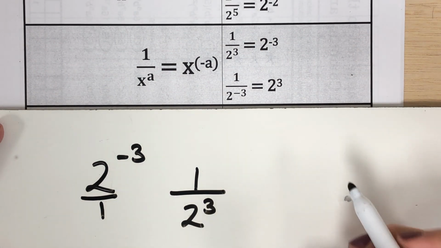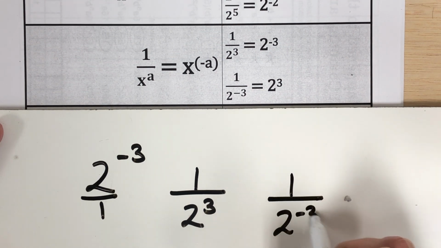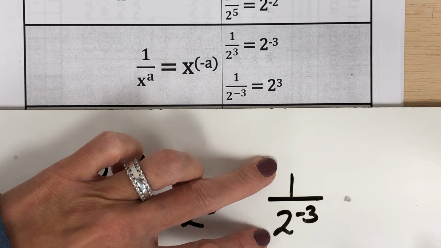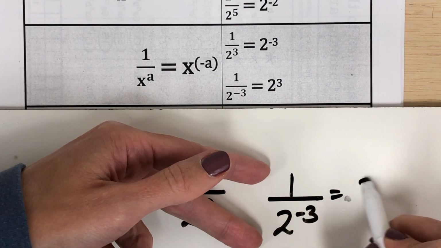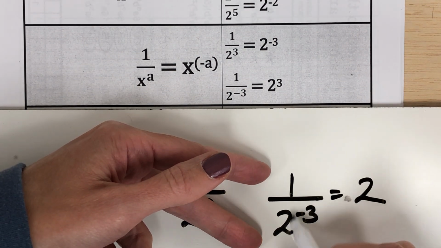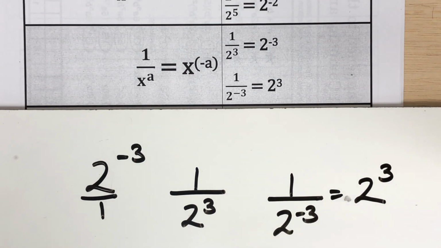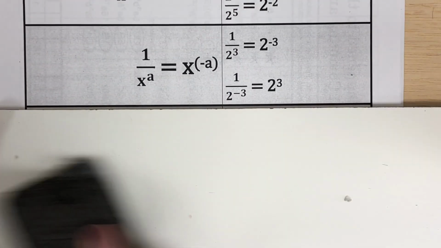And vice versa, if I have 1 over 2 to the negative 3rd, I want to rewrite this as a positive exponent. That flips it from denominator to numerator, and I would switch my negative to a positive. So a negative exponent just switches the number from numerator to denominator or vice versa.